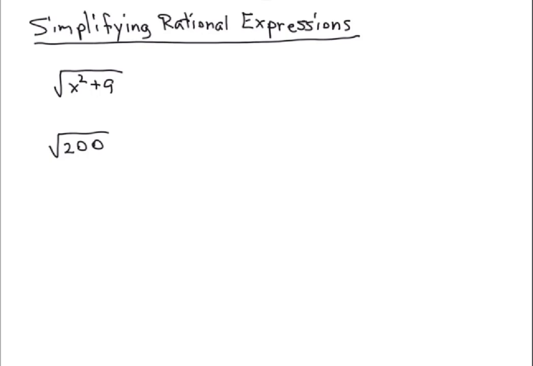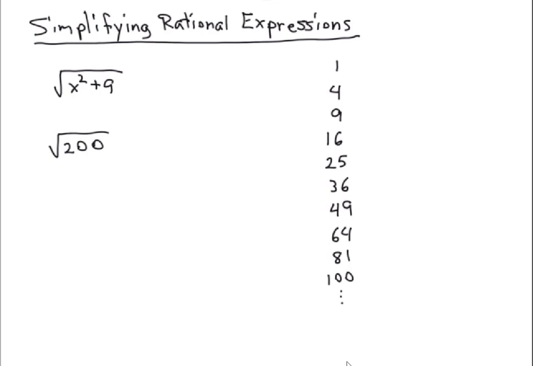So let me write down a list of perfect squares, and then we'll see if any of them go into 200. So 1 is a perfect square, but it's not going to do us any good because 1 goes into 200, but if we divide 200 by 1, it's not going to do anything. 2 squared is 4, 3 squared is 9, 16, 25, 36, 49, 64, 81, 100, and so on.